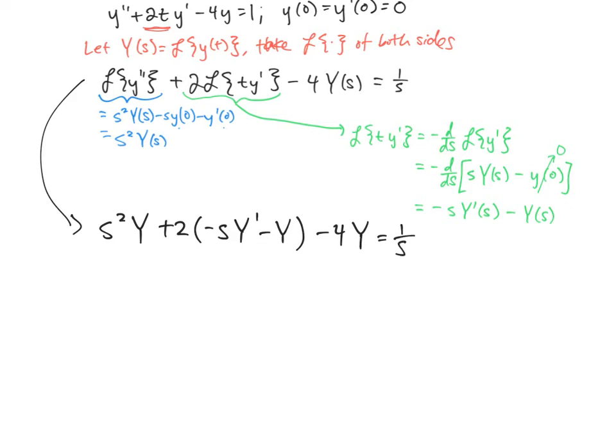Just like we did in the last video, we'll get all of our y's together, or simplify things anyway. So we have negative 2s y prime, and then all of the y terms, we get s squared minus 6y equals 1 over s.